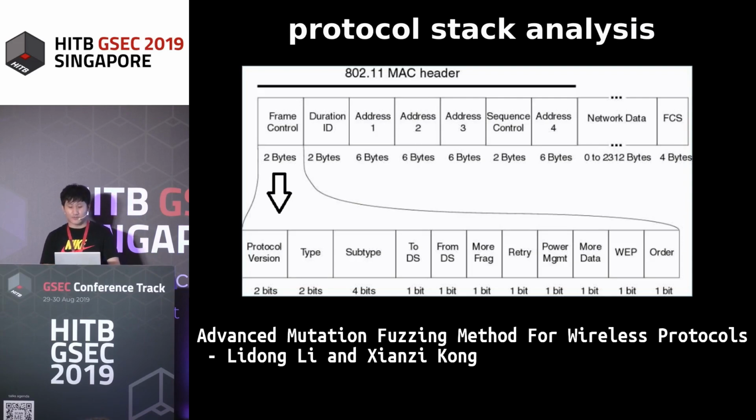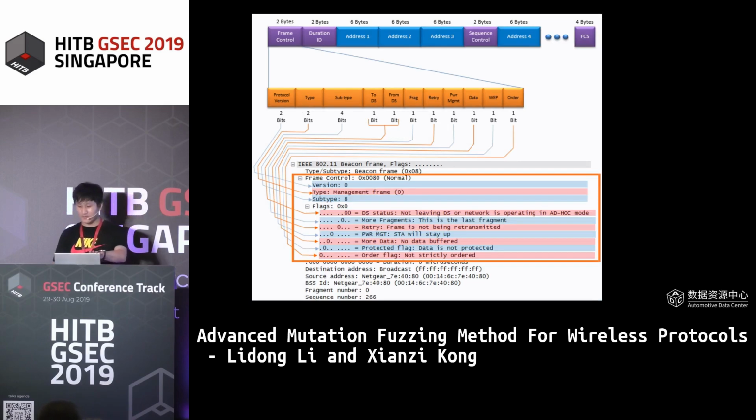The authentication frame is a management frame. The QoS data frame is a data frame, and the ACK frame is a control frame. Next, address fields take 6 bytes.